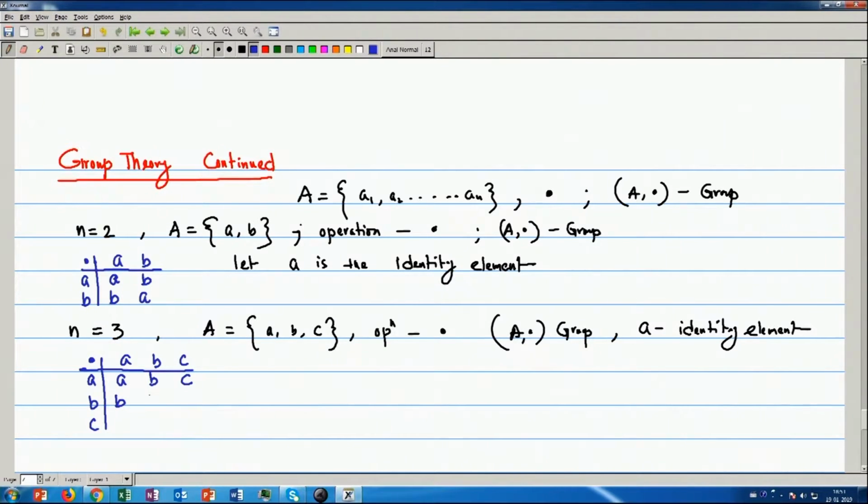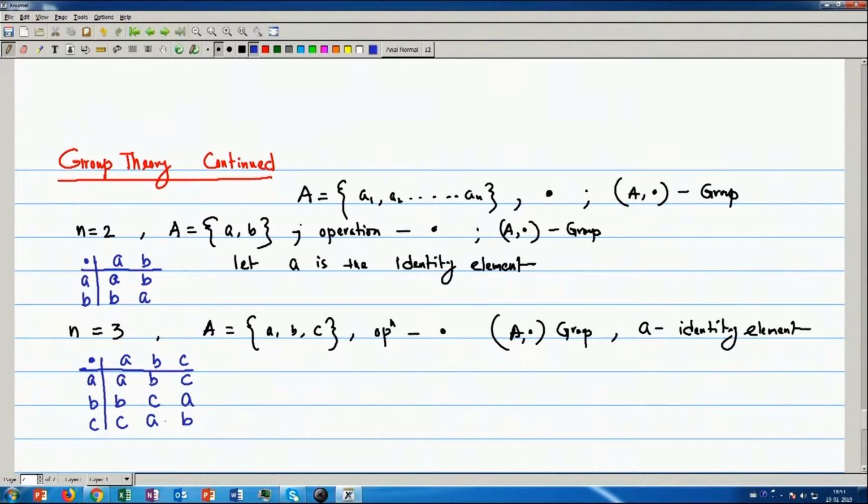Now, B dot B, I write it is C, and B dot C is A, and C dot A again C, then C dot B, already B dot C is A, so C dot B is A and C dot C is B. So, I get that the first row is ABC, then BCA and then CAB.